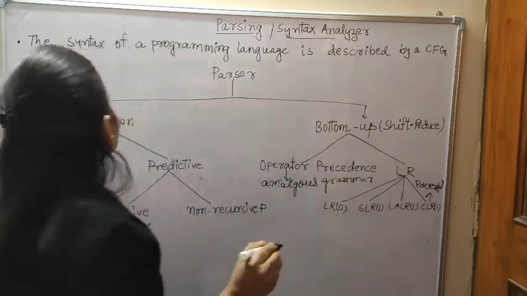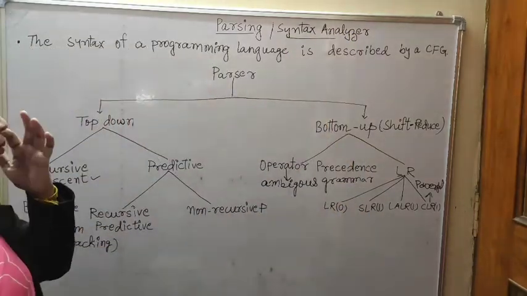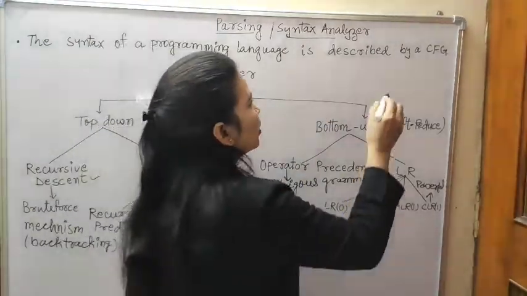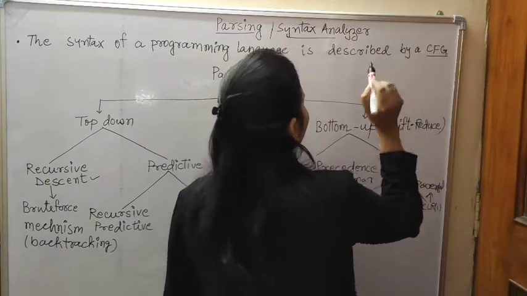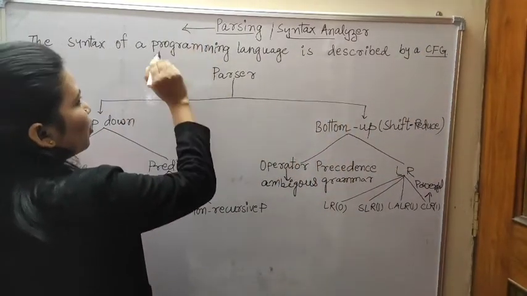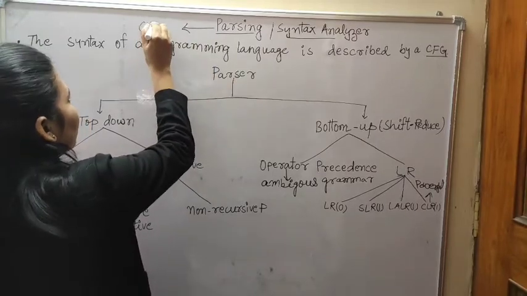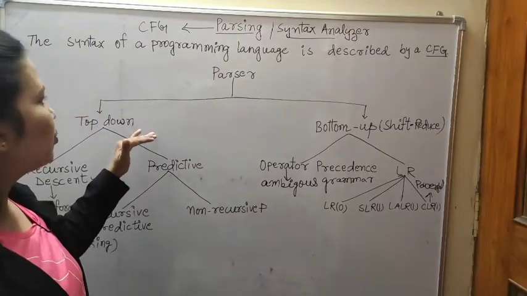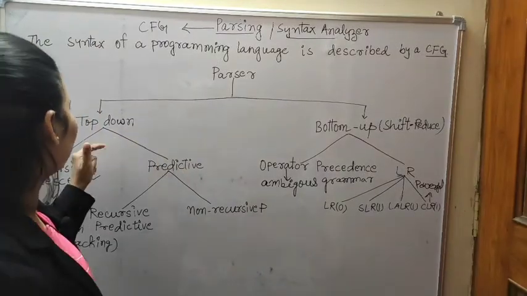The syntax of a programming language is described by a context-free grammar. So that means in parsing, we are using context-free grammar. Now we will see the types of parser.